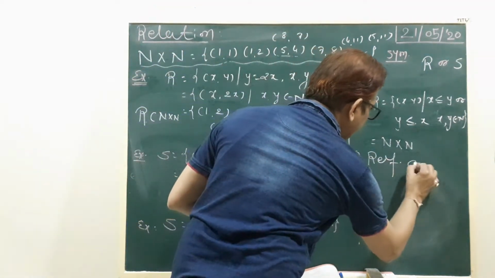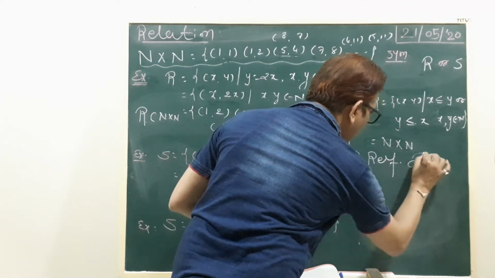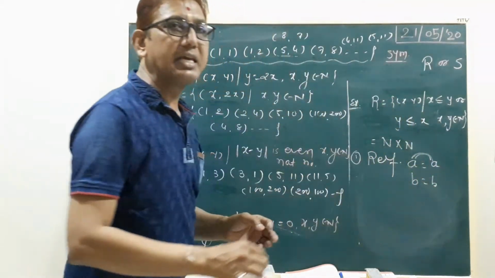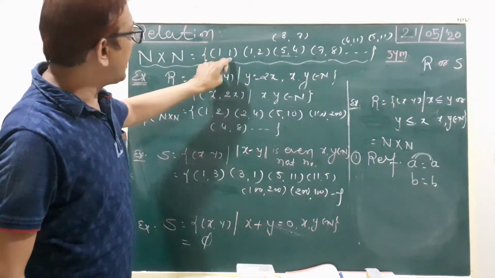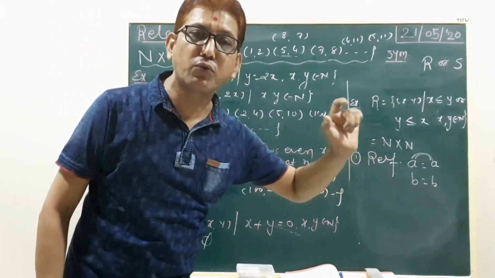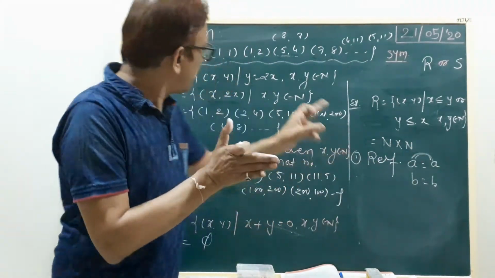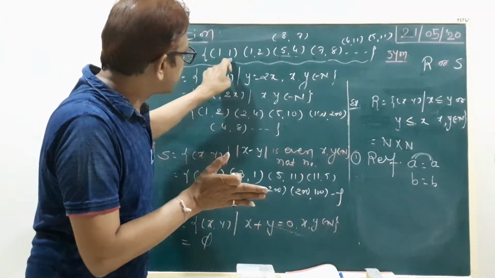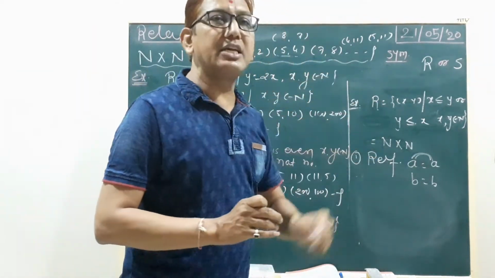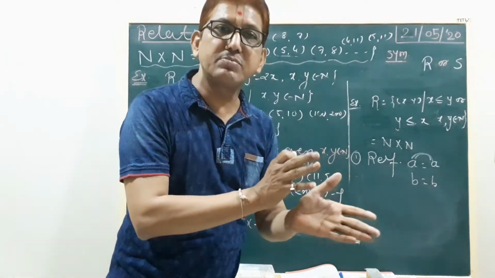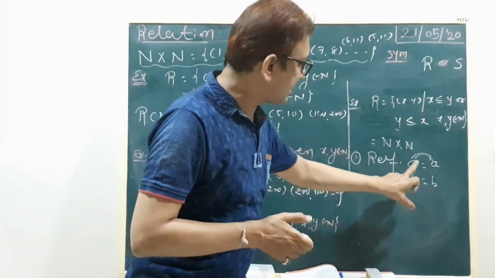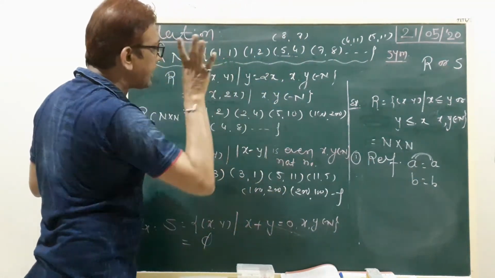Reflexivity means A equal to A, both elements are the same, B equal to B. That is 1 1, 2 2, 3 3, 4 4. In an ordered pair, both elements are equal. It is called reflexivity. You have already studied this in lower standards, but teachers do not discuss this property. So reflexivity means both elements are the same.